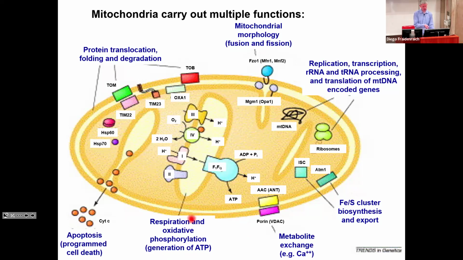One would be, for example, protein translocation. About 99% of the proteins come from outside, encoded in the nucleus, synthesized in the cytosol, and transported into mitochondria. Only a small portion of the proteins are synthesized in the mitochondria.